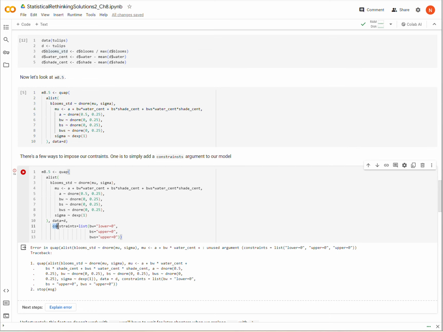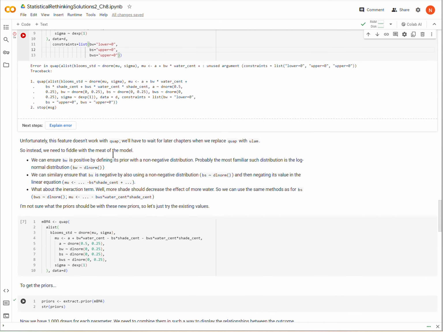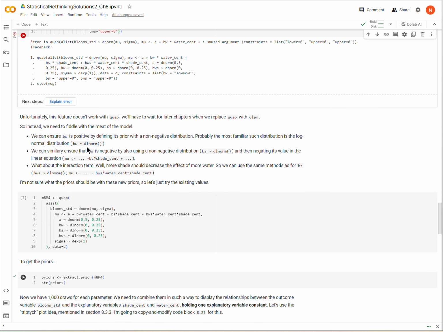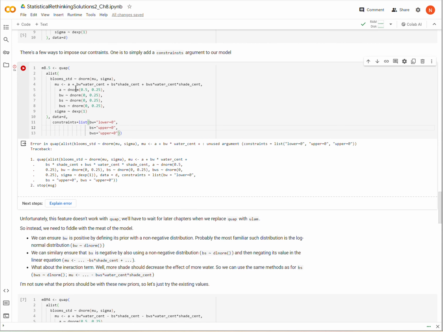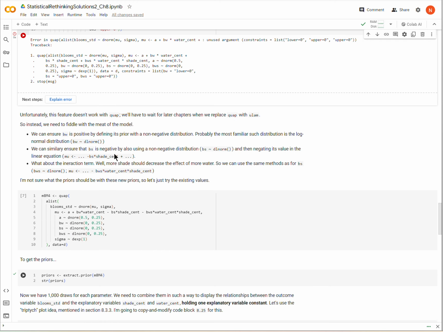But it's just good to know that this is an option when we get into using ulam or Markov chain Monte Carlo. Okay. So instead of just adding this, we're going to have to fiddle with the model here. Okay, so there's a few ways that we can do this, and so we'll just explore one.